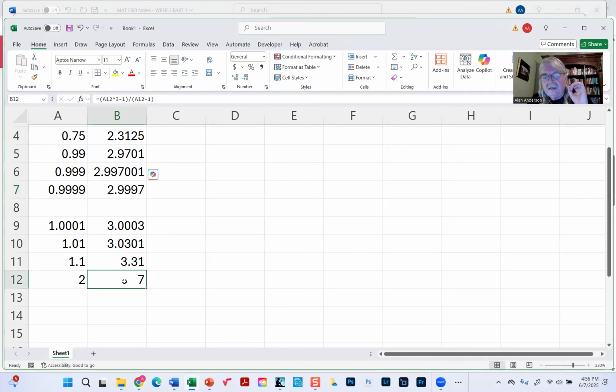As I'm coming from the right in this direction, it shrinks down to almost 3. And in fact, I can get as close as I want to. I can have 1.0000001, that kind of thing. And you'll see that they're both getting really, really close to 3. And so in the limit, no matter which direction we're coming from, the limit of this function is 3. That's what it's converging to. So we define the limit as simply 3.